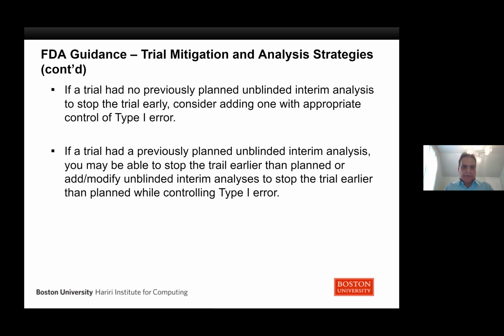Very similarly, if the trial did have a previous unblinded interim analysis before COVID-19 is causing delays, you could consider adding a future or modifying a future interim analysis. But again, control of type 1 error is the key, and discussing these plans of action with the regulatory agencies is the key.